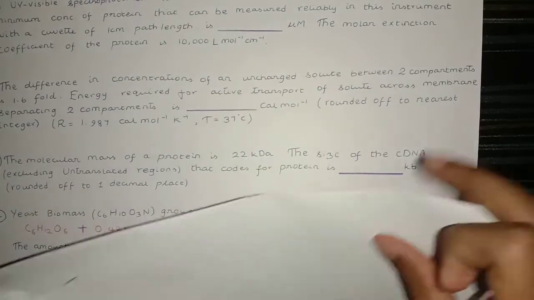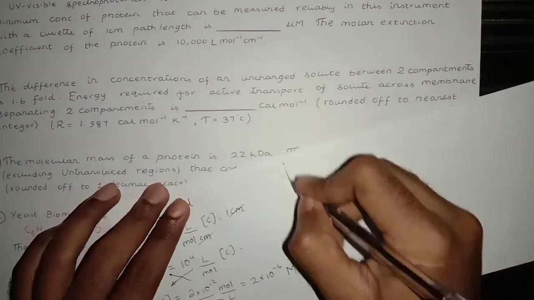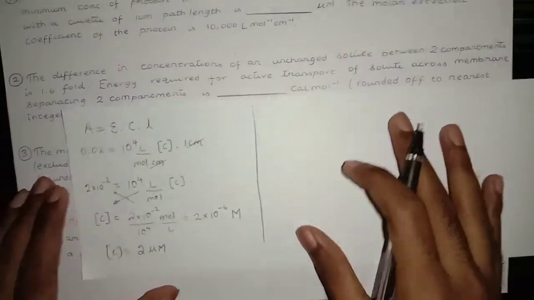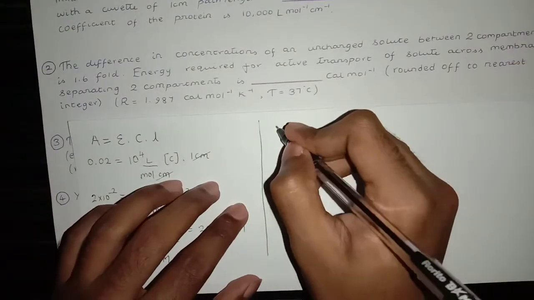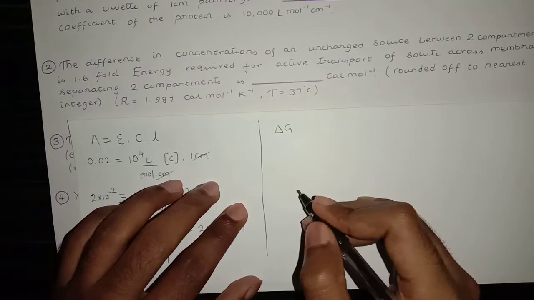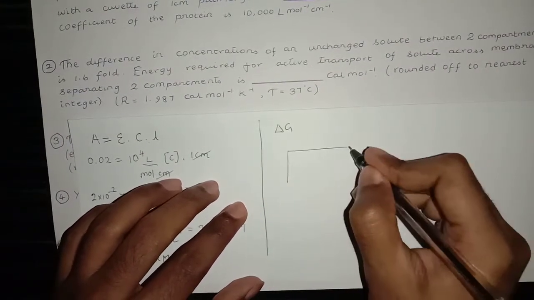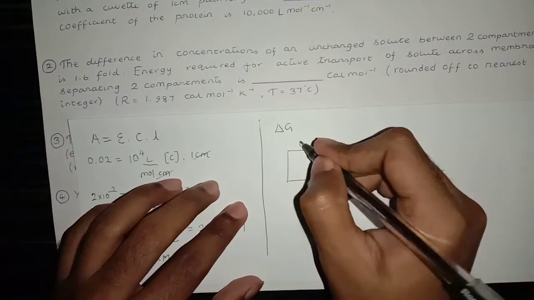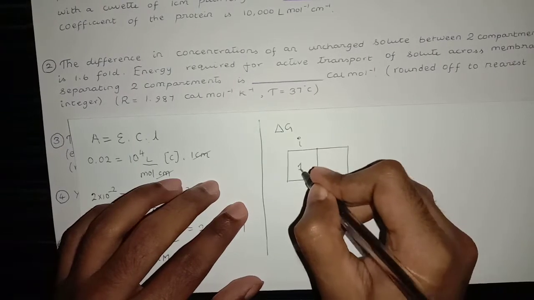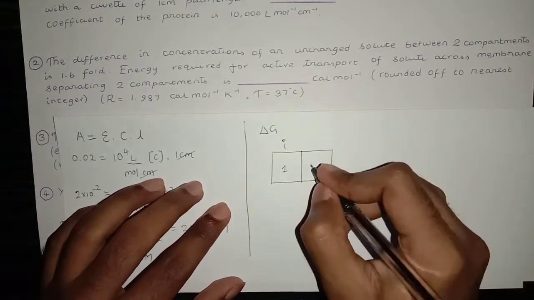So the energy required for active transport, that is delta G. Say we are going to transport a solute, say I, from compartment 1 to compartment 2.